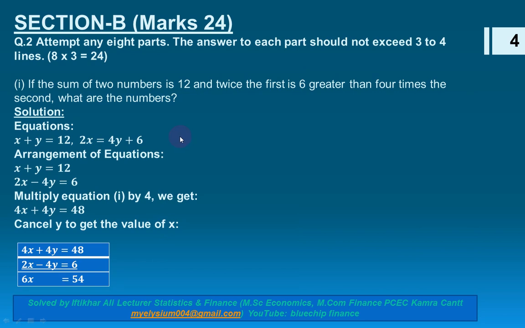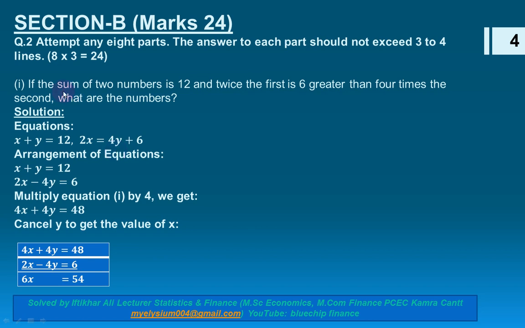Now we move to the second question, question number 1. If the sum of two numbers is 12 and twice the first is 6 greater than 4 times the second, what are the numbers? First of all, you will have to create the equation.